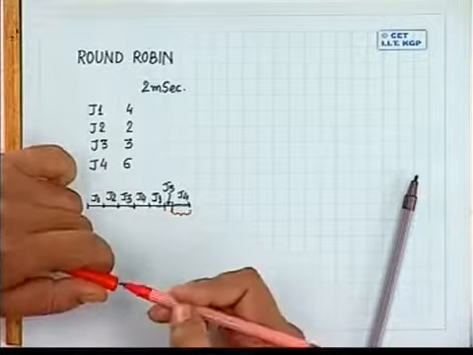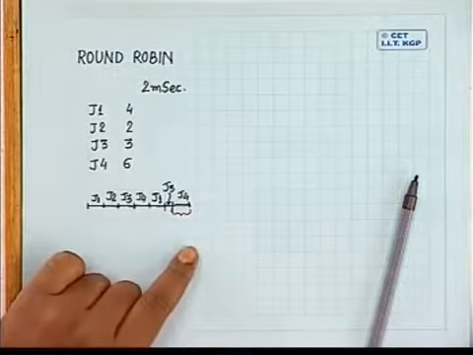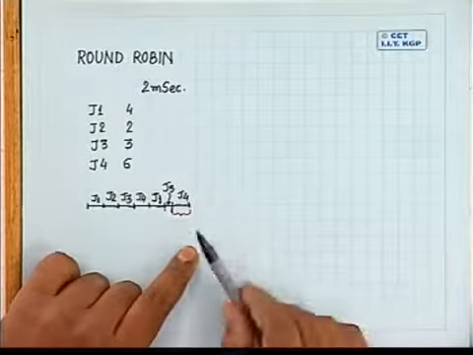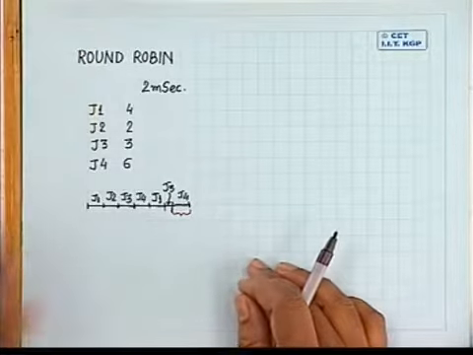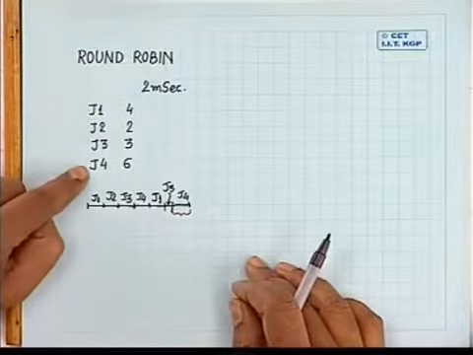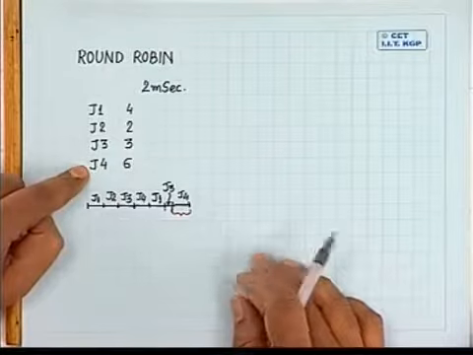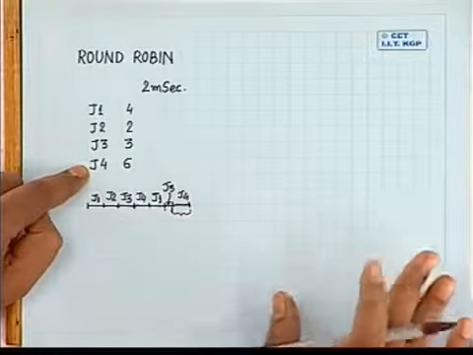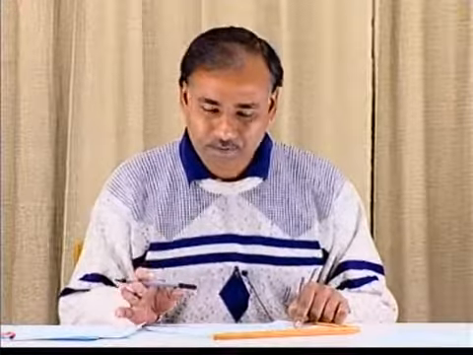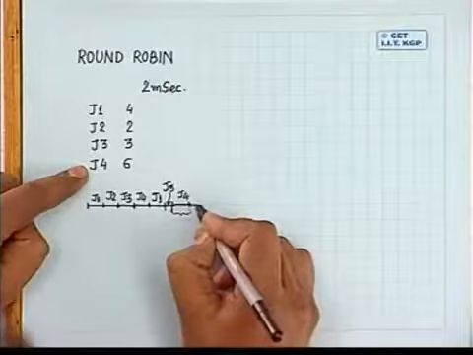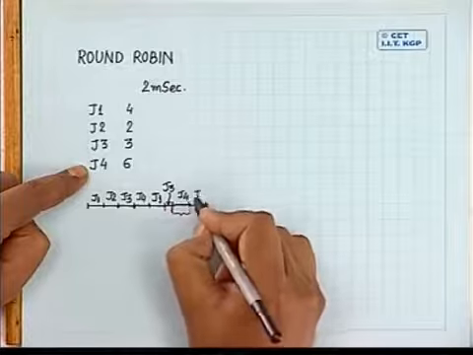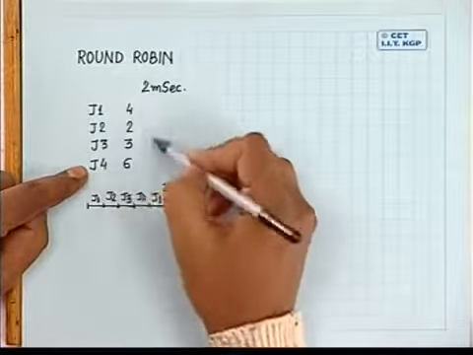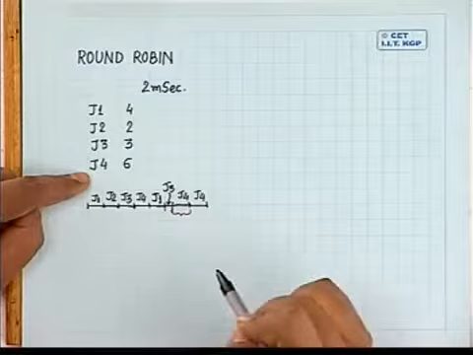After completion of 2 milliseconds of the remaining CPU burst time of job J4, if I assume that no other job has arrived in the ready queue in between, I have only one job left in the ready queue, that is job J4, waiting for its remaining CPU burst of another 2 milliseconds. So job J4 will be executed again for the remaining 2 milliseconds, and after that all the CPU bursts of all the jobs in the ready queue are complete.